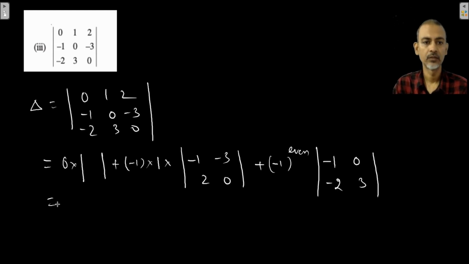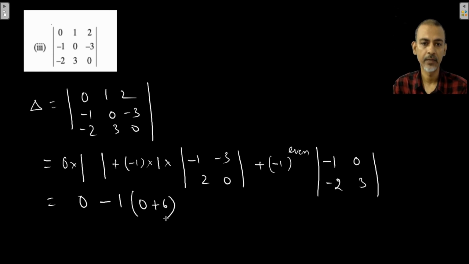Alright. Now this is going to be 0. Now this is going to be minus 1, and then minus 1 into 0 will be 0, and minus 3 into 2 will be 6, but there is already a minus, so I'll write plus 6, right? Minus 1 to the power n is going to be 1, and then I forgot to write 2 over here, so we'll have to write 2 as well.